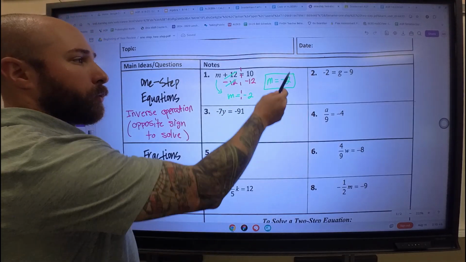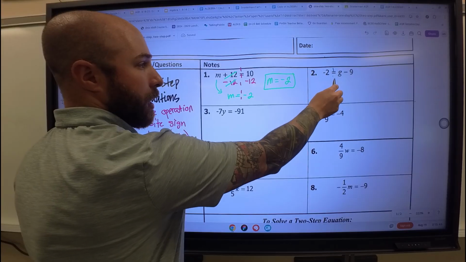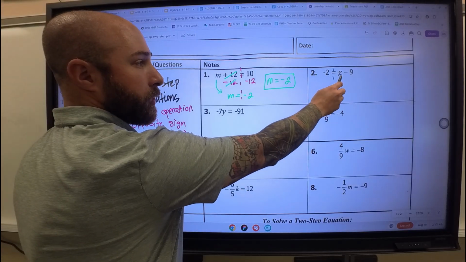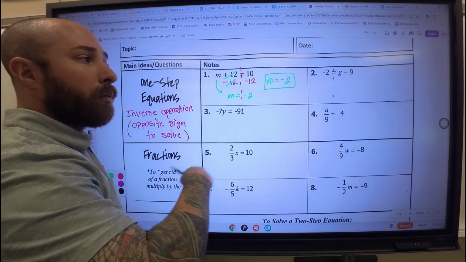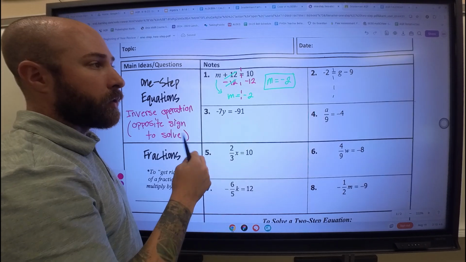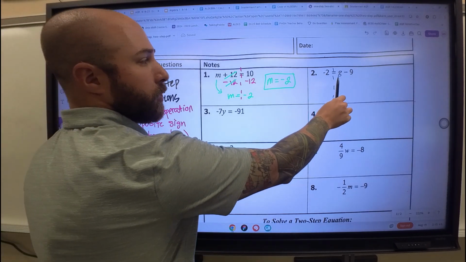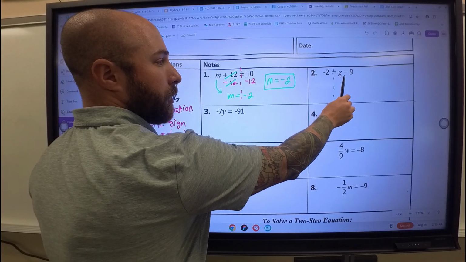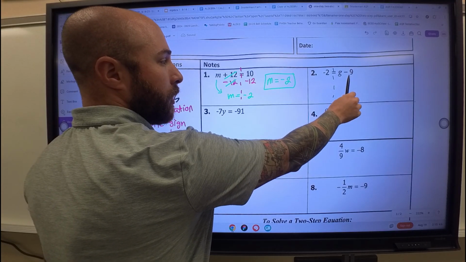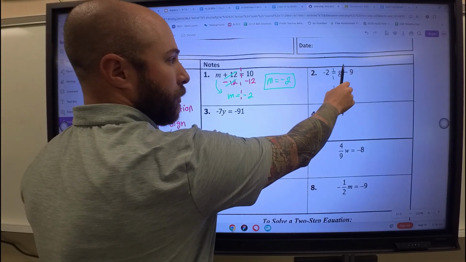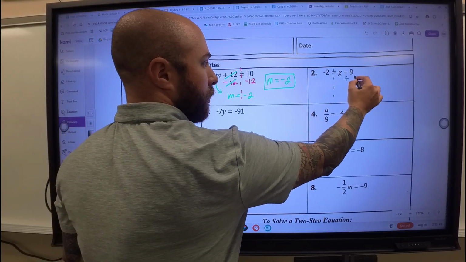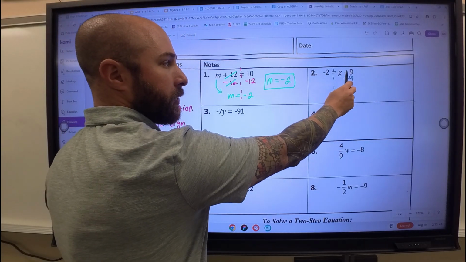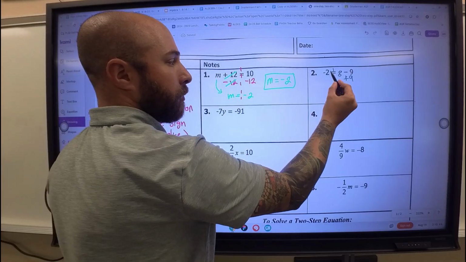Okay? So if we do the same thing with number 2, notice how with this, our variable is on the right-hand side. It's not going to change what we do to solve the problem. We're just going to change how we write our answer in the end. So on the right-hand side, we have our variable and we have subtraction. So in order to get rid of or do the opposite of our subtraction, we're going to add that 9, because instead of subtracting 9, we're going to add it to get rid of it.